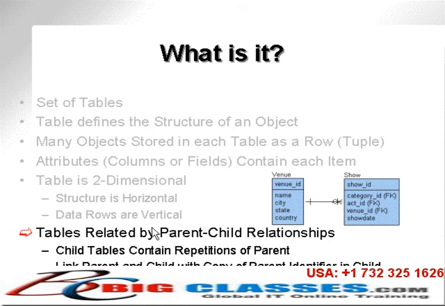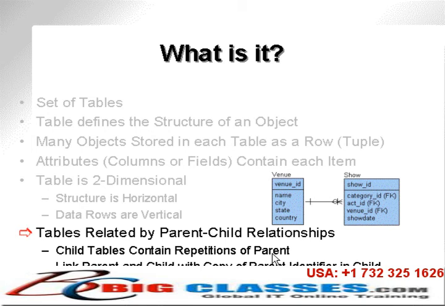How the parent-child relationships function is that a child table will contain the repetitions contained within the parent object. To describe this in detail, we go into normalization, which we will reach at a later stage.